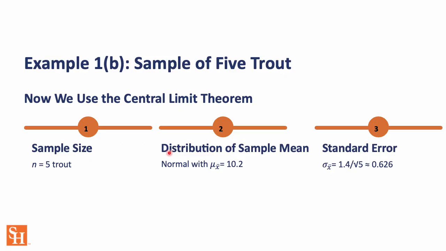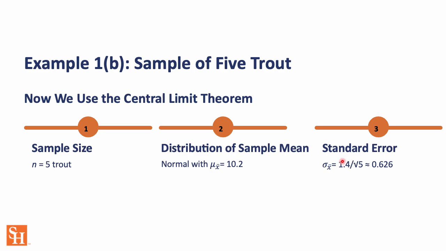The distribution was also a normal distribution with the same mean. According to the central limit theorem, the mean will be the same, which was 10.2. And what would be the standard deviation? The standard deviation will change for the sample mean, because now we are not dealing with individual trout. We are dealing with a sample of 5 trout, and with the sample mean in that case.